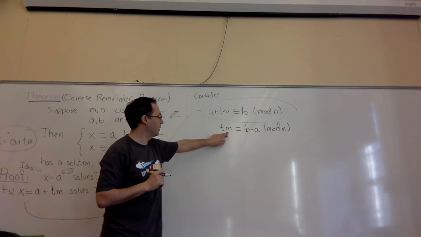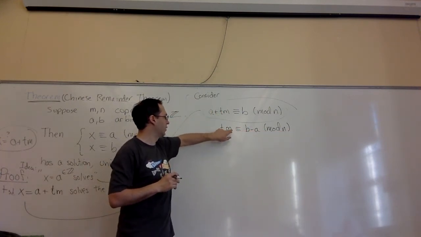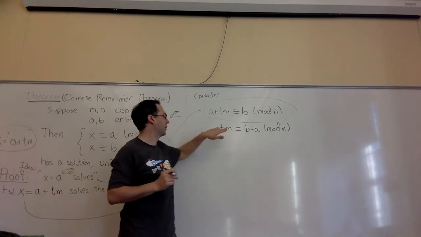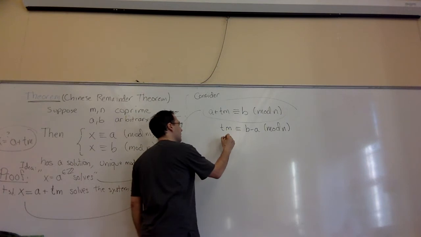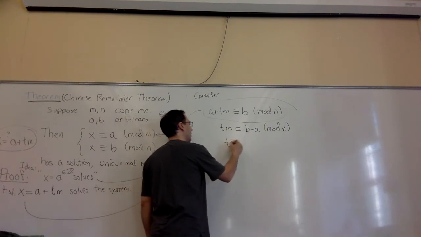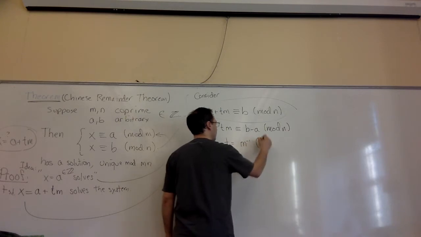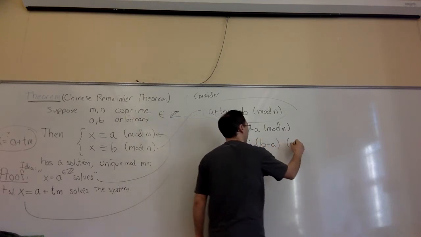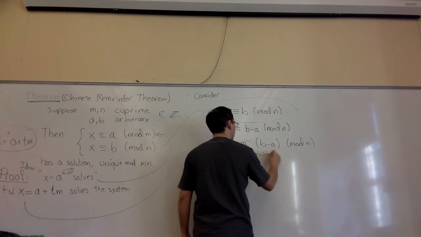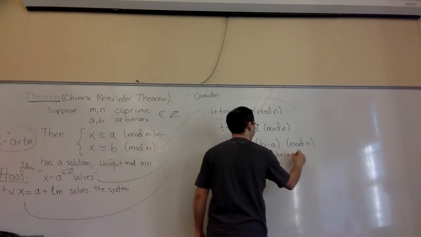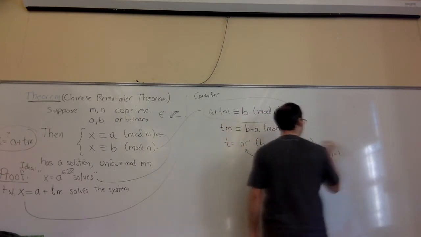But notice m and n, they're co-prime. So you can multiply both sides by the multiplicative inverse of m modulo n. So in fact, this has a solution, namely t equals m inverse times b minus a, mod n, where this inverse exists because the GCD of m and n is equal to 1.